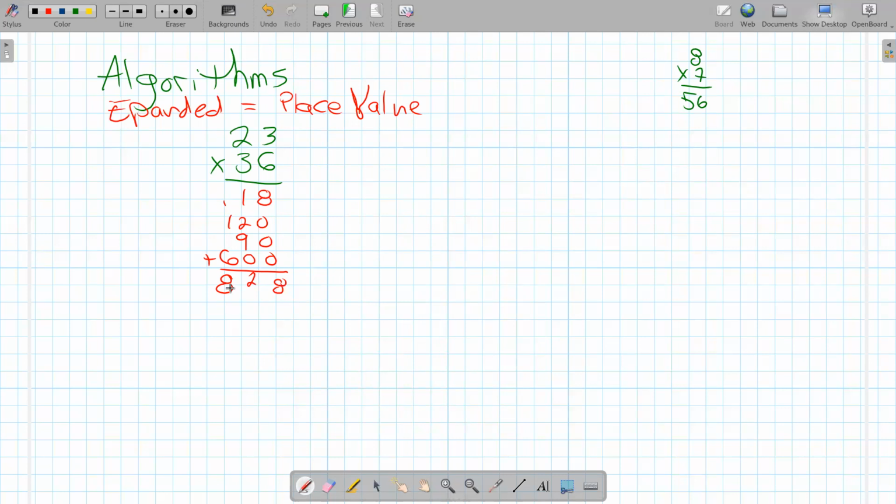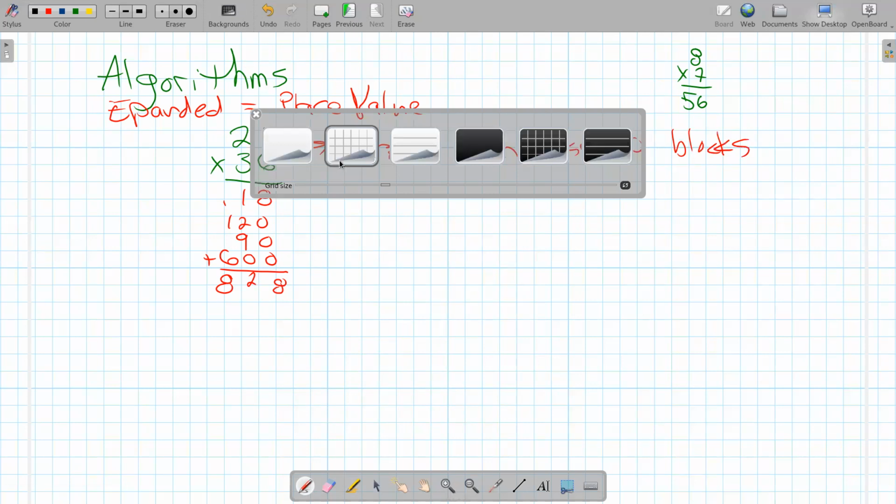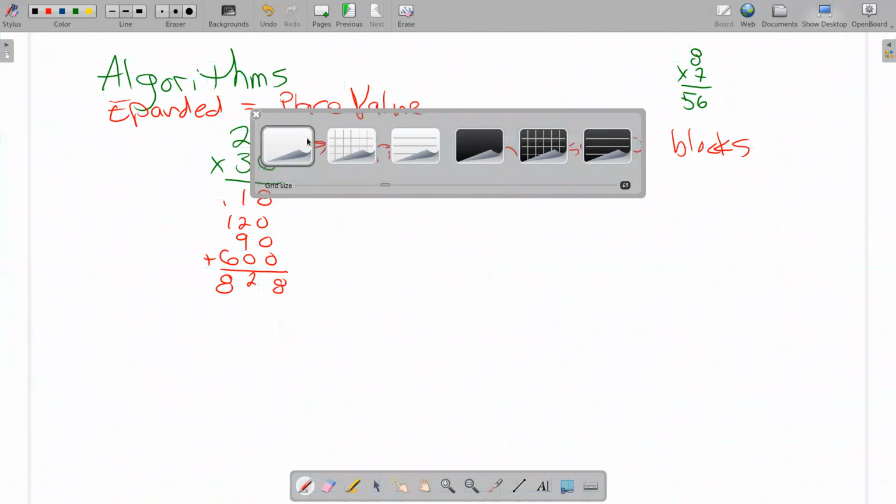The cool thing about the expanded algorithm is it's related to the way we work with base 10 blocks. And so what I'm going to do is turn this expanded algorithm into an area with base 10 blocks. And I think I'm going to get rid of the grid for this. Yeah, let's get rid of it.